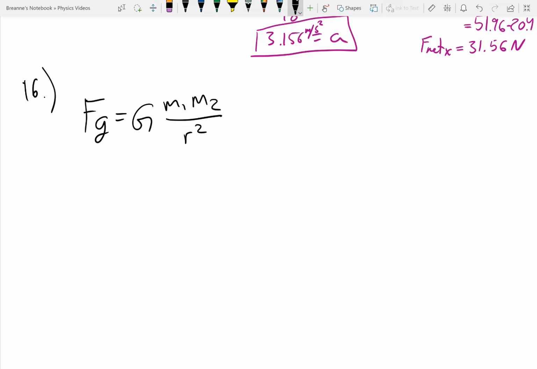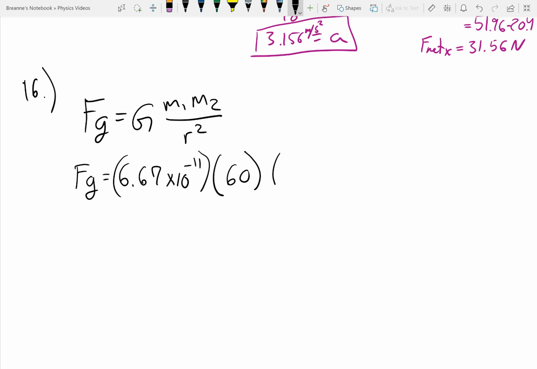If you remember, your G is a constant, and that constant is 6.67 times 10 to the negative 11. It gave you one mass to be 60, the other mass to be 95, and the distance between them to be 1 squared.